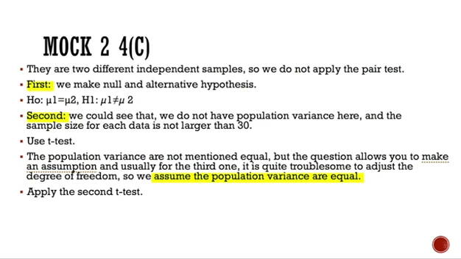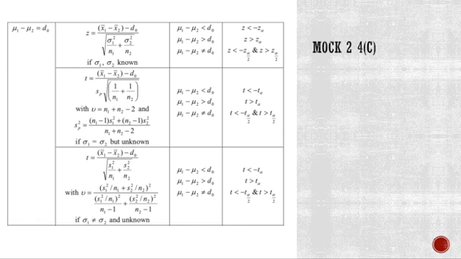Usually the third one is quite troublesome because you need to adjust the degree of freedom, so here we just assume the population variances are equal. In this case, we just apply the second formula.